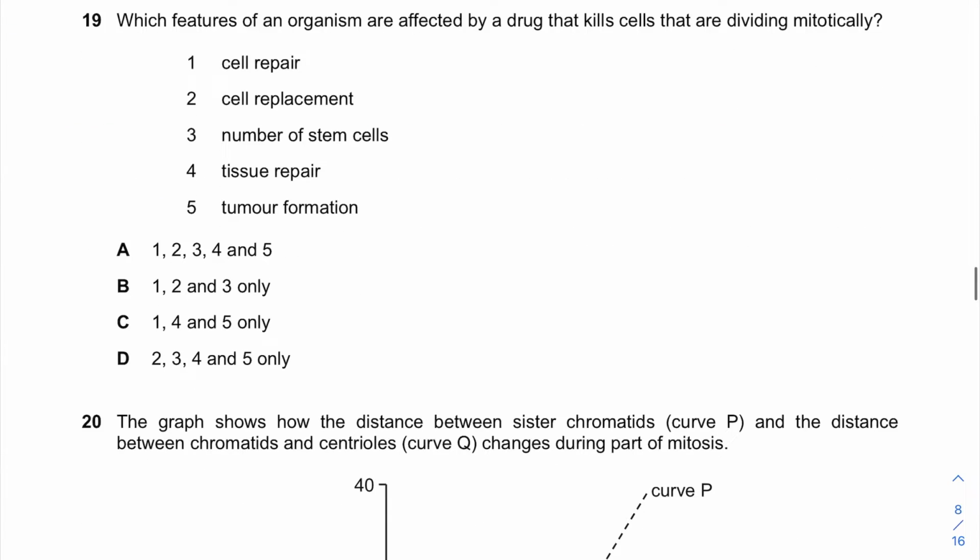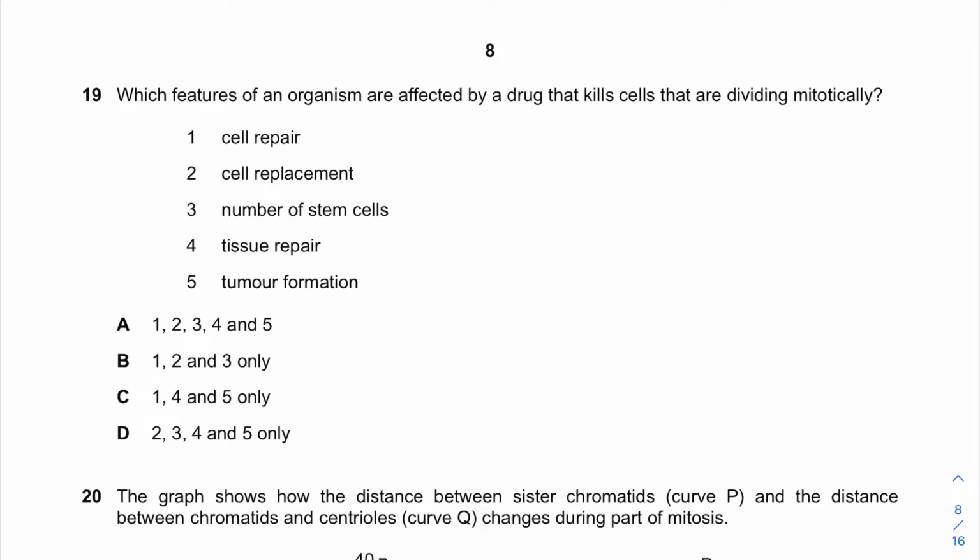Question 19. Which features of an organism are affected by a drug that kills cells that are dividing mitotically? So this is incorrect because cells do not get repaired by mitosis, so option 1 is wrong. Yeah, so your answer is actually D. So let's just fact check it.